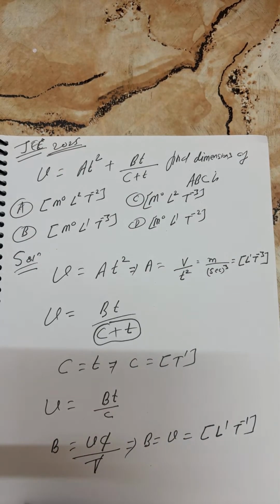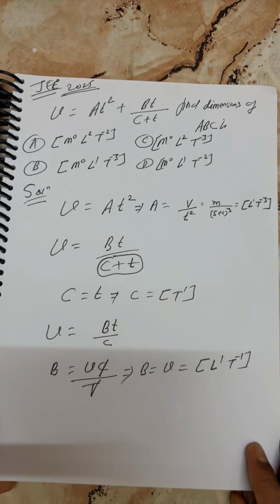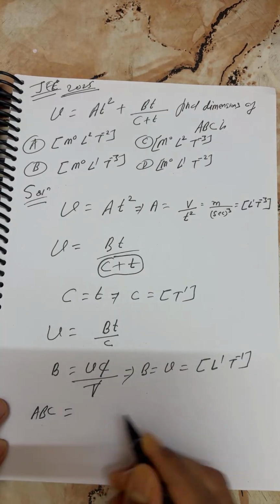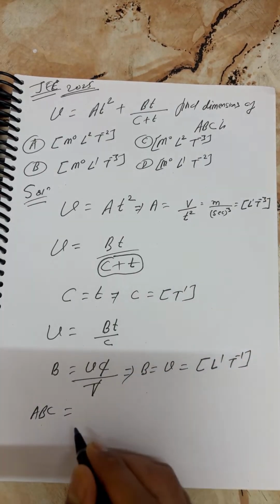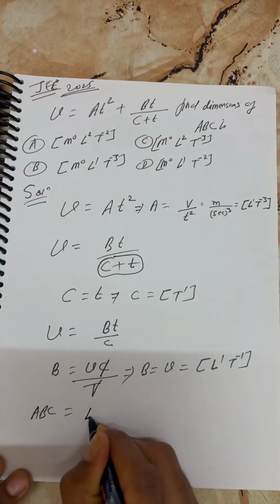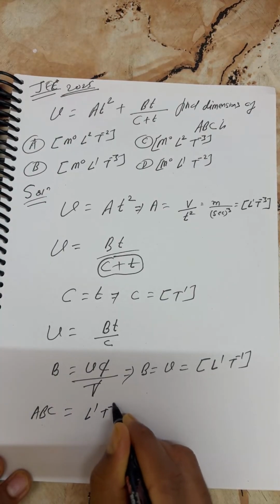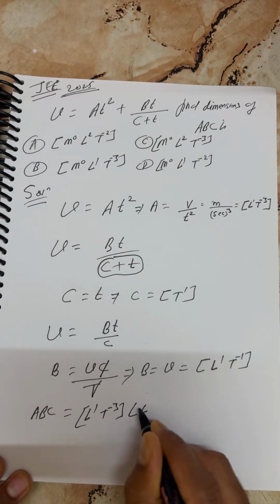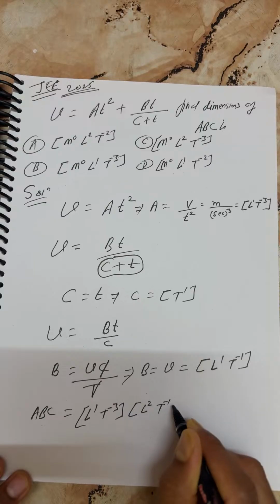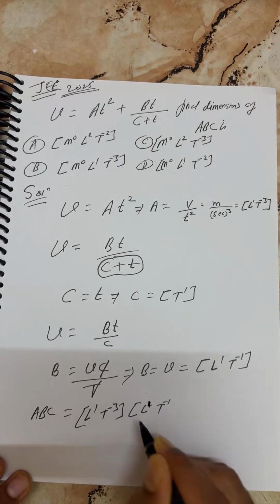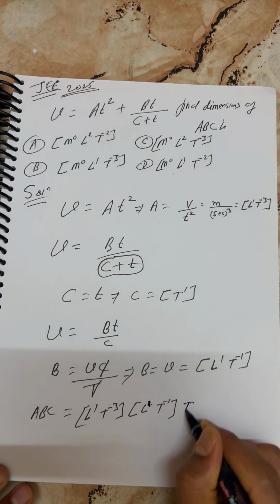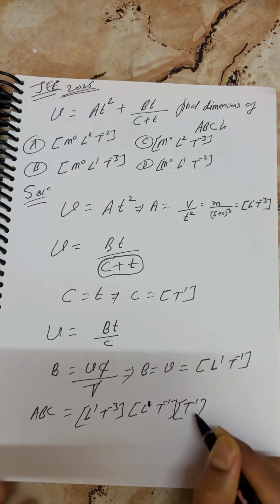Beta, we wanted the product of A, B and C. A is how much? Yes, this is L1 T to the power minus 3. B is L1 T to the power minus 1. Then C is T only, T to the power 1.